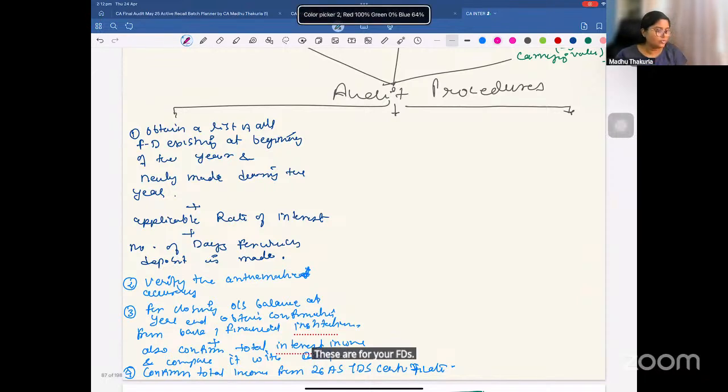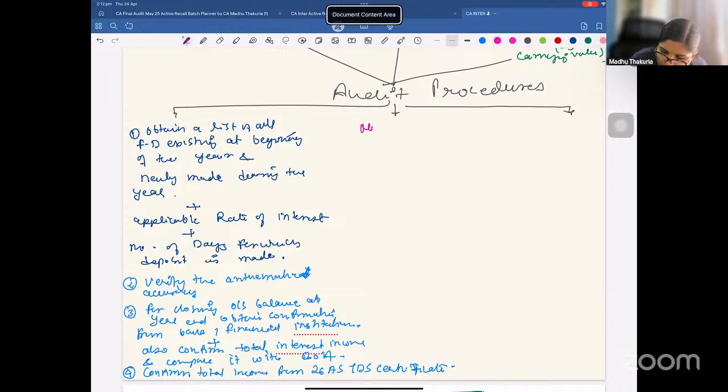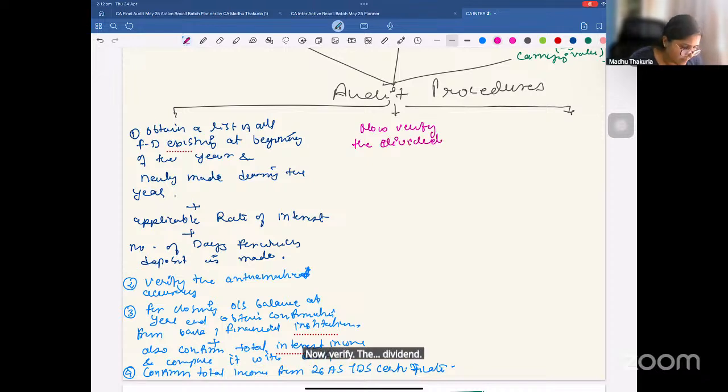Now you go to dividend. Now verify the dividend is recognized in P&L on the basis of recognition criteria.